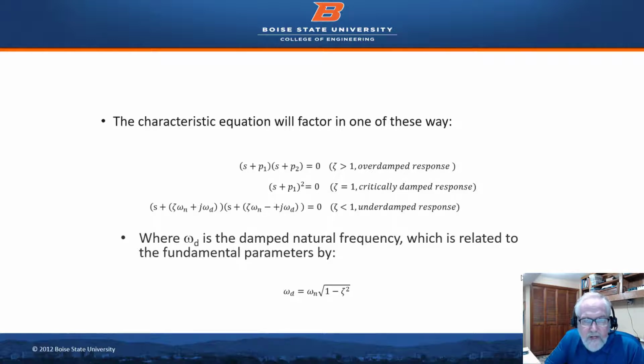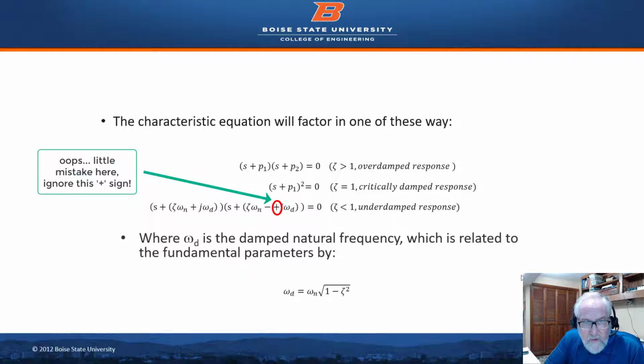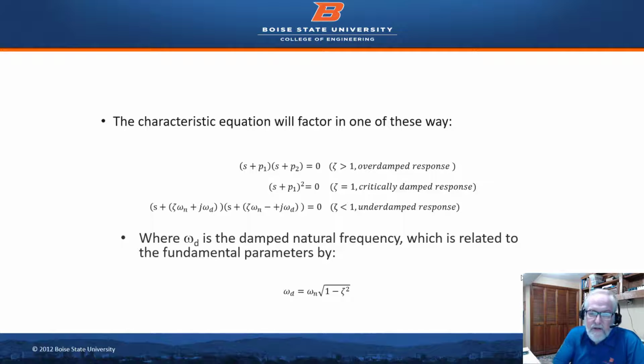And if it's underdamped, you get these complex conjugate pairs, and they actually will fall in this form. In other words, the real part will be zeta times omega n. The complex part will be omega sub d, which is yet another parameter, based on the other two. It's the damped natural frequency, and we'll see where this shows up at a later time.